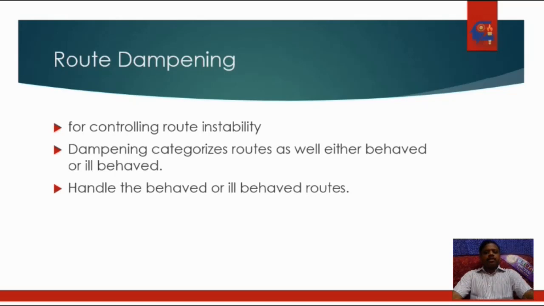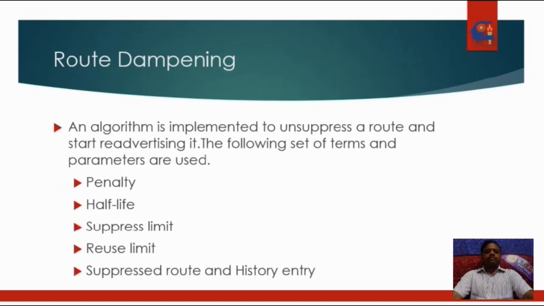The route can continue to accrue penalties even after it is suppressed. The more frequently a route oscillates in a short amount of time, the faster the route is suppressed. Similar criteria are put in place to unsuppress a route and start re-advertising it.